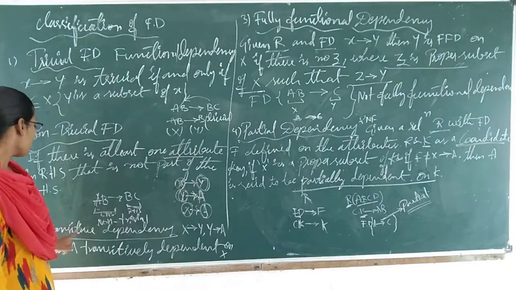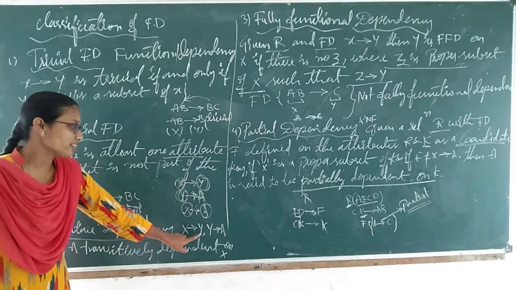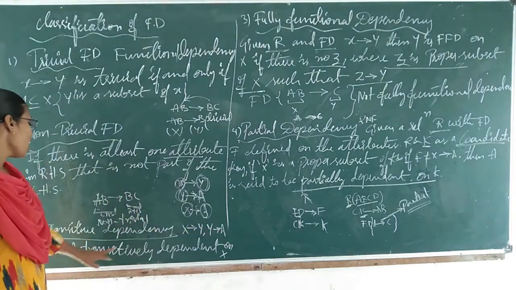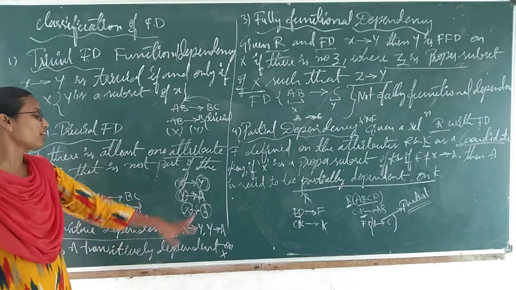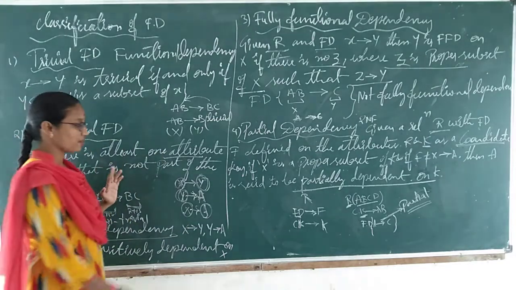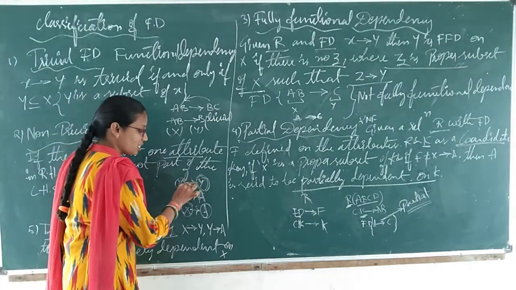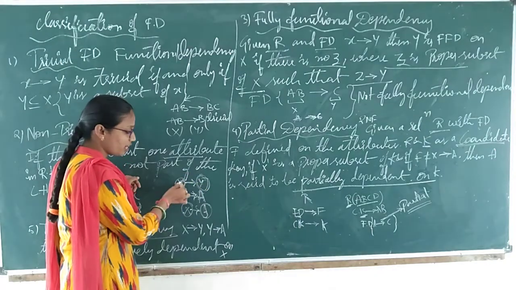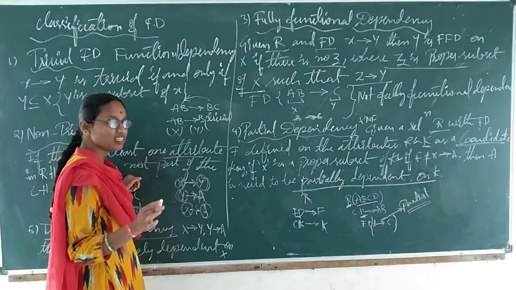Here you observe transitive dependency: X determines Y determines A, then A is transitively dependent on X. Y is dependent on X, and X is a determinant.